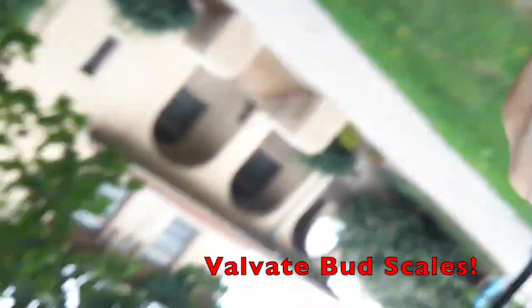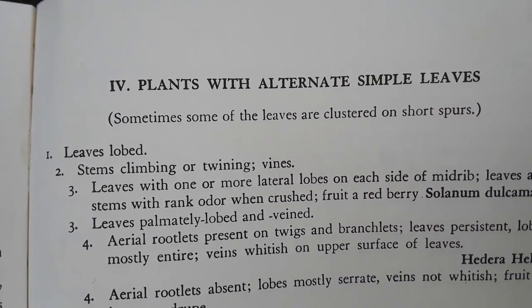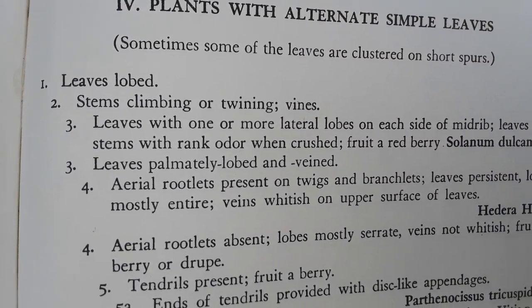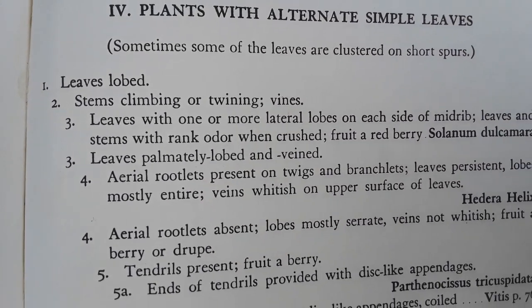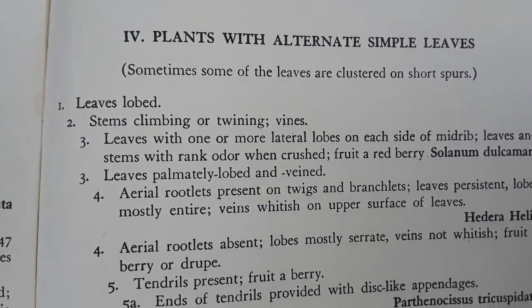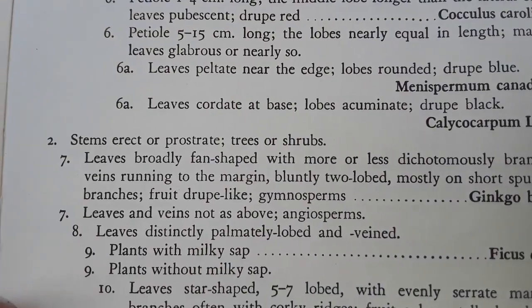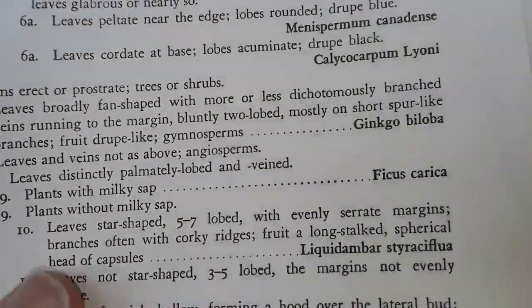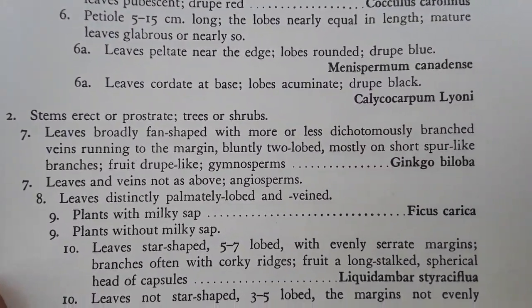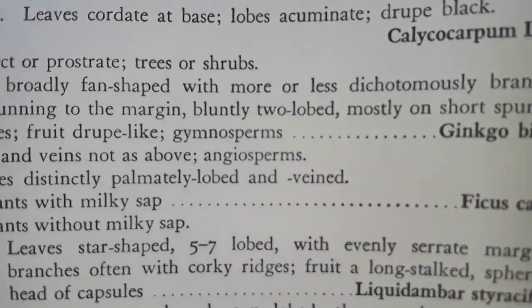Okay, so let's go back to start out this time with plants with alternate simple leaves. Their leaves are lobed. Stems climbing? No. Stems erect or prostrate, trees or shrubs. Leaves broadly fan-shaped? No, we discovered this is not a ginkgo.